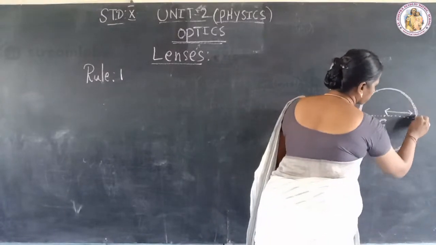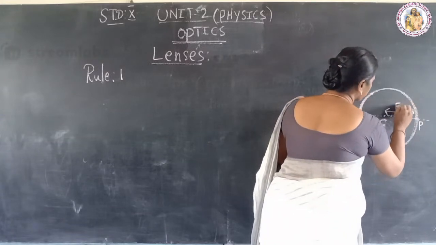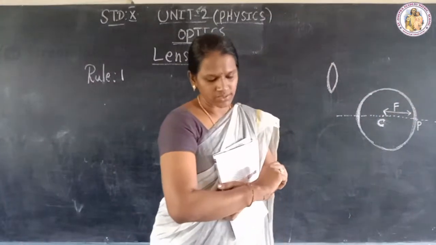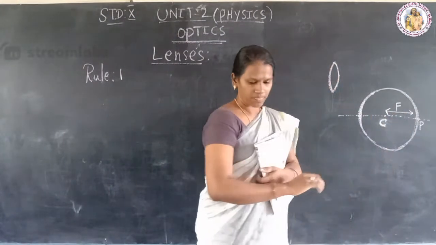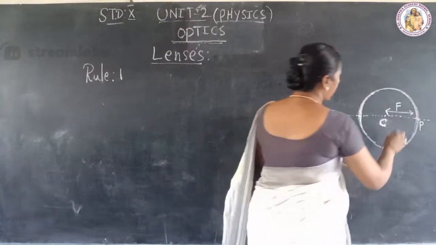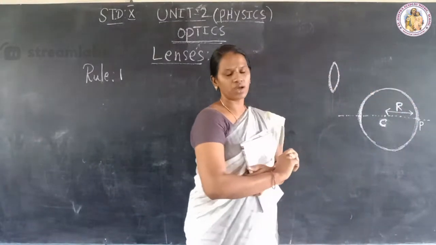This is the radius of curvature, and it is denoted by R.